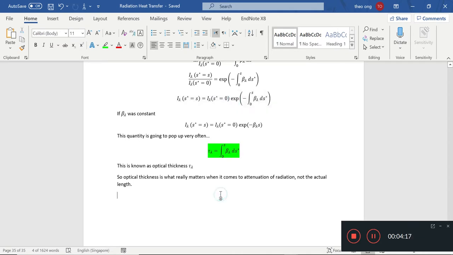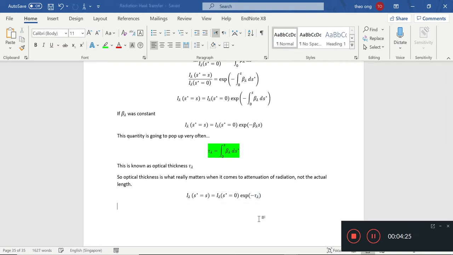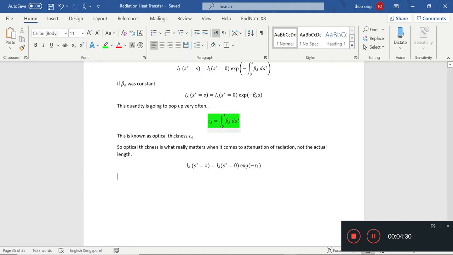So more often than not, instead of writing this integral again and again, you'll just put tau lambda at the top to represent this integral, and this represents the optical thickness of this system.